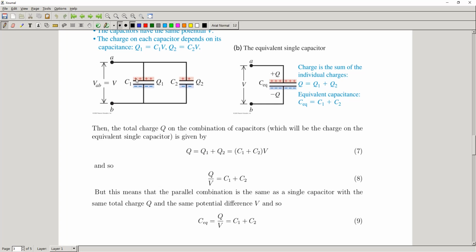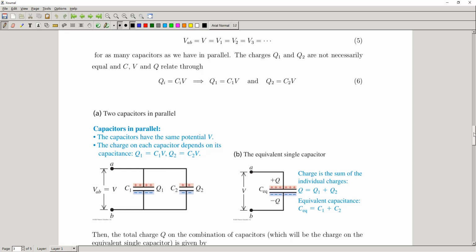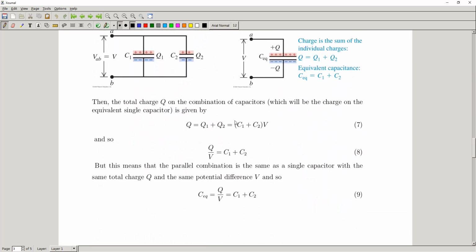We need all the charge that was on capacitor 1 and all the charge that was on capacitor 2 to be accounted for in our equivalent capacitor over here. So we need Q equal to Q1 plus Q2, and we can just use the expressions that we had above to rewrite Q1 and Q2 in these terms. And if we shuffle things around, we can see it ends up looking like this.